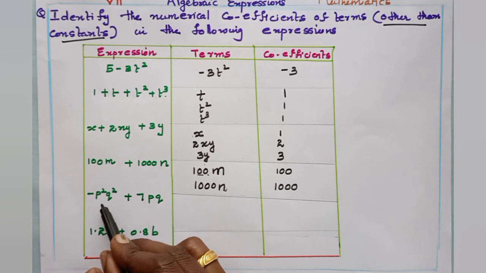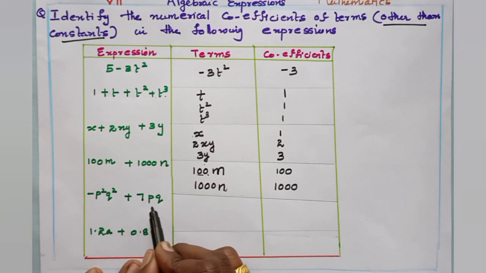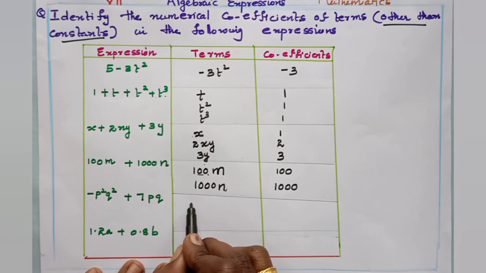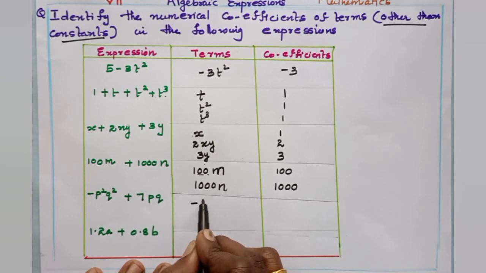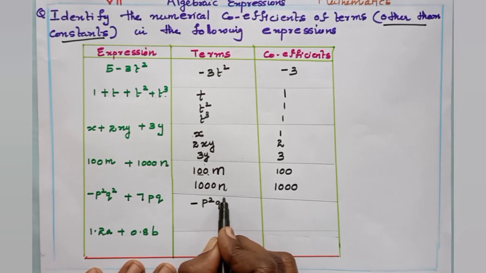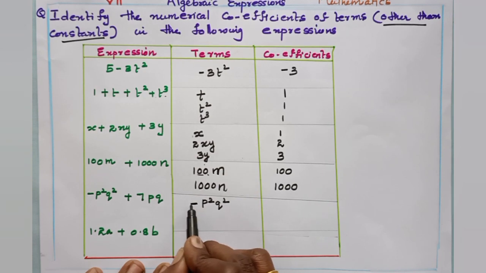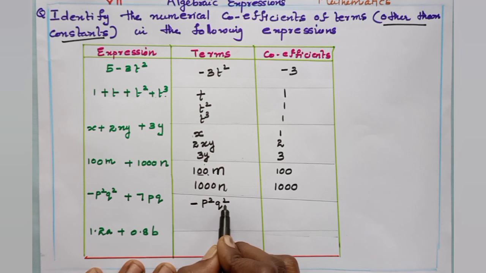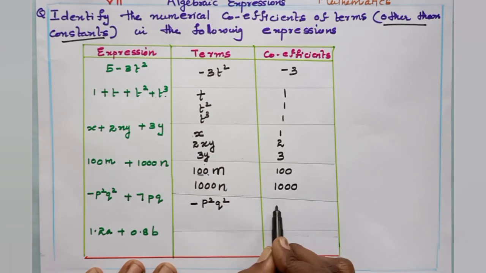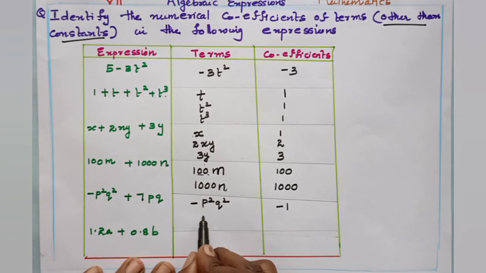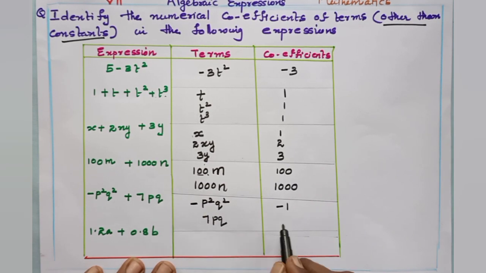Then minus p square q square plus 7pq. The first term is minus p square q square. Listen here, minus 1 into p square q square. So the numerical coefficient of p square q square is minus 1. The next term is 7pq, and the numerical coefficient is 7.